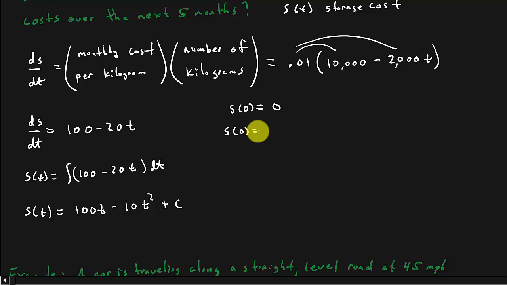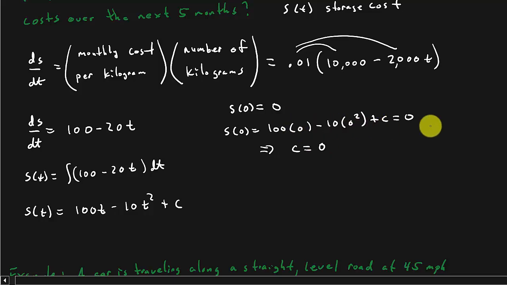So we've got to figure out what c is. We're going to plug 0 in for t. That's 100 times 0 minus 10 times 0 squared, plus c equals 0. So this tells us that c is equal to 0.